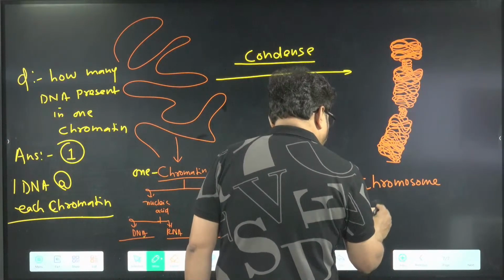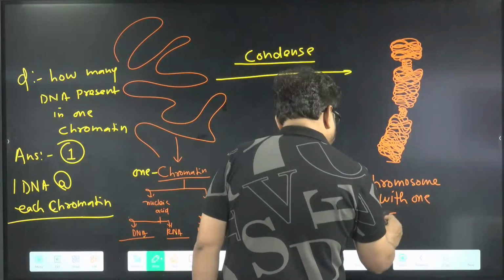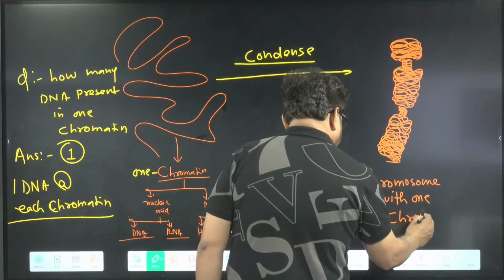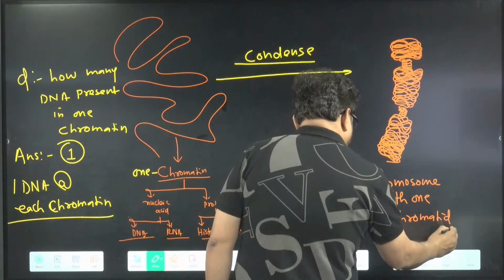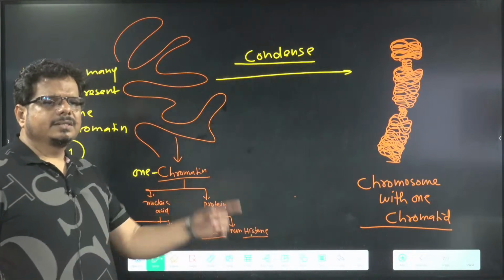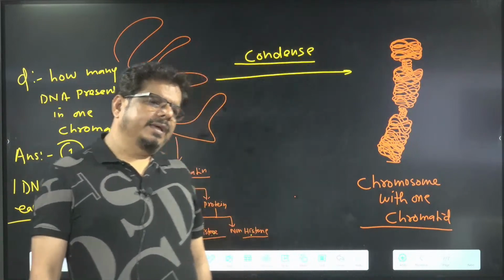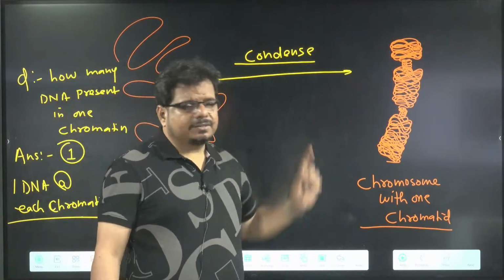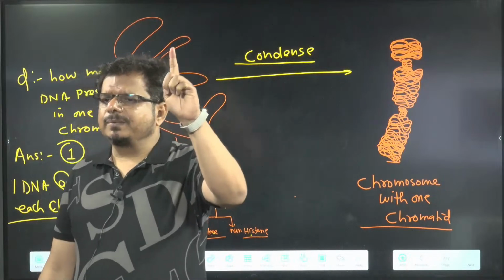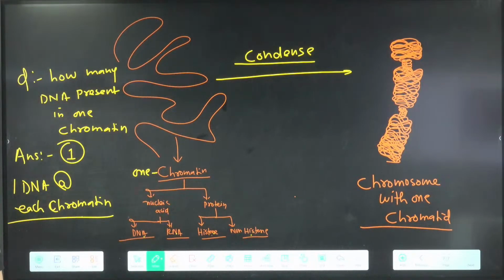Or better to write chromosome with one chromatid. So if I ask how many chromosomes this is, your answer must be 1. If I ask how many chromatids this is, your answer must be 1. Got the idea? Clear in the mind?